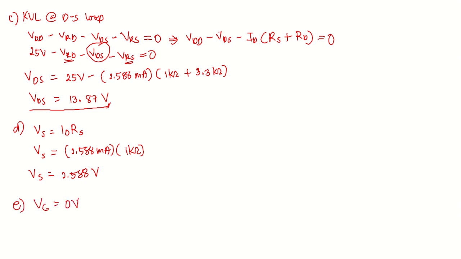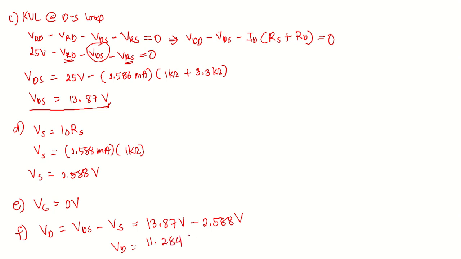VG is simply equal to 0 volts. And for the last one, our value of VD is equal to VDS plus VS. VDS we had already computed, 13.87 volts, plus our VS of 2.588 volts, giving us a value of VD equal to 16.458 volts.